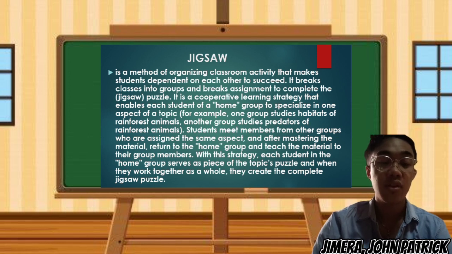For example, one group studies habitats of rainforest animals, another group studies predators of rainforest animals. Students meet members from other groups who are assigned the same aspect, and after mastering the material, return to the home group and teach the material to their group members.